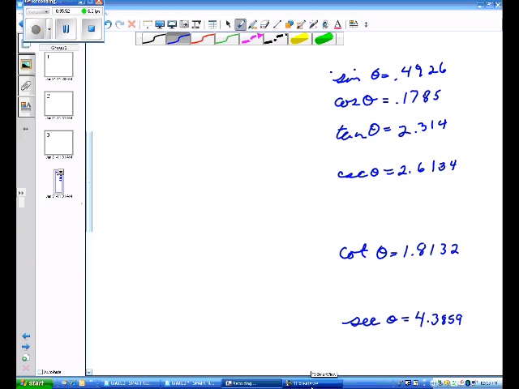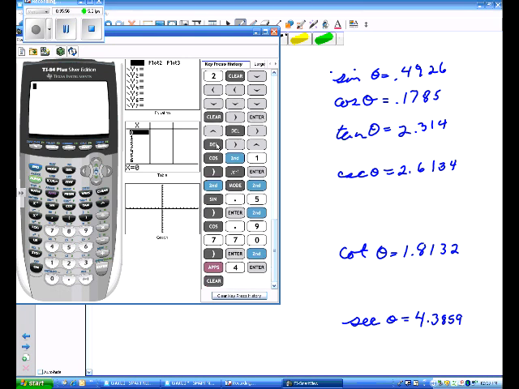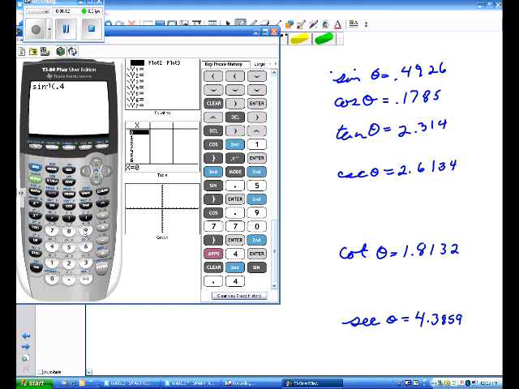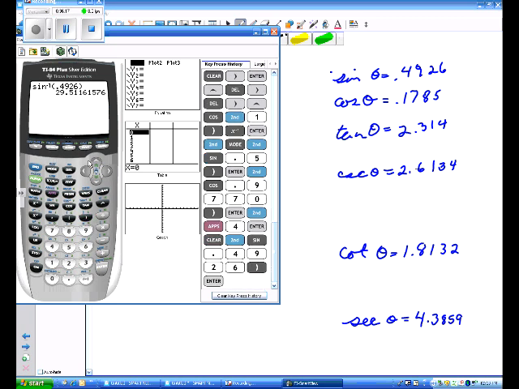Okay, let's go through and look at several problems that I've got up here, and we'll do them on the calculator. So the first one, we want the angle whose sine is 0.4926. So that means we want the second sine, or the inverse sine, 0.4926. And so that would be 29.